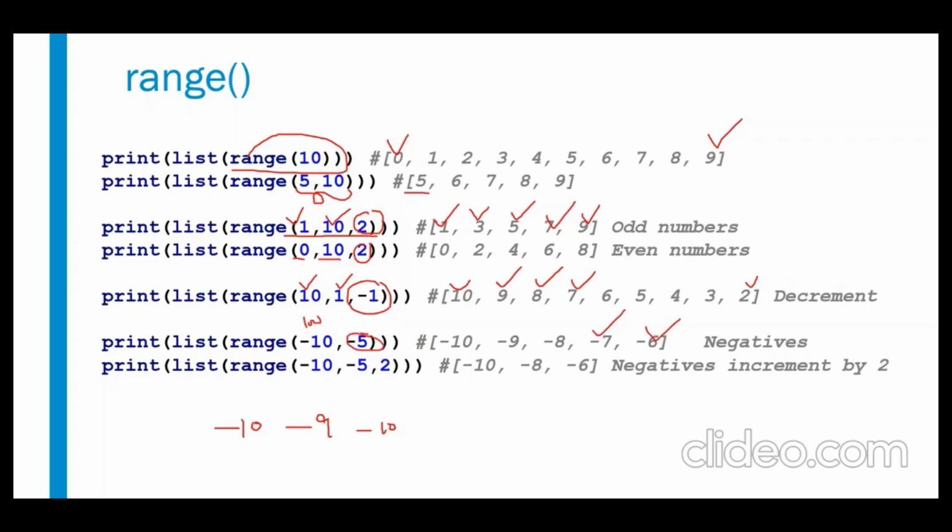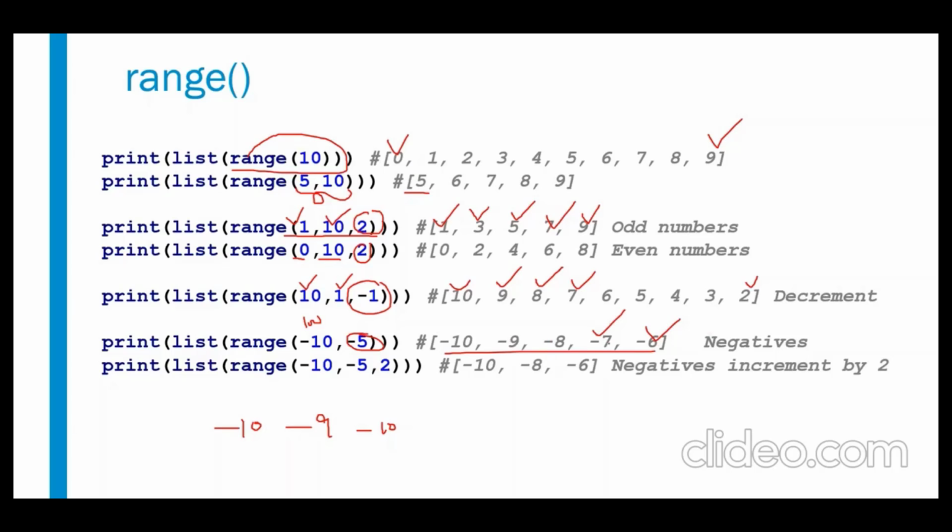Minus 5 is the maximum number and it will be avoided; it prints everything before that. Among negatives, minus 9 is greater than minus 10, minus 8 is greater than minus 9, minus 7 is greater than minus 8, and minus 6 is greater than minus 7.